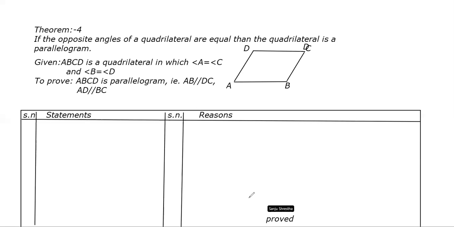ABCD is a quadrilateral in which angle A and angle C, opposite angles, are equal. Angle B and angle D are equal. We have to prove ABCD is a parallelogram.